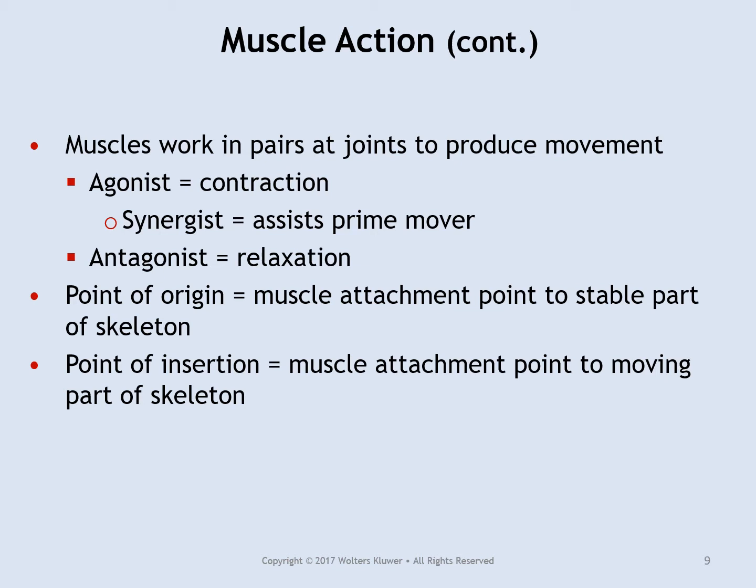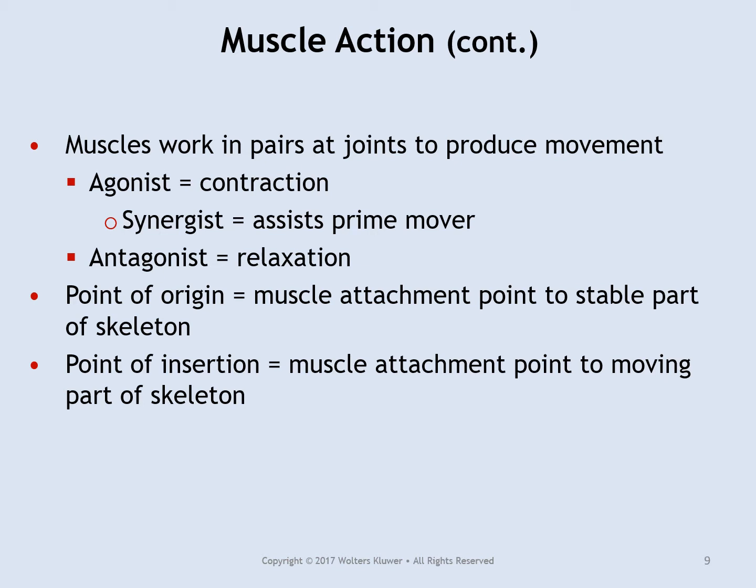So for instance, if you are going to move your radius and ulna towards you, you would contract the bicep. The bicep becomes the agonist in that case, and the triceps on the other side of your humerus become the antagonist. And then when you extend your hand back away from you, the tricep then becomes the agonist, and in that case, the bicep becomes the antagonist.